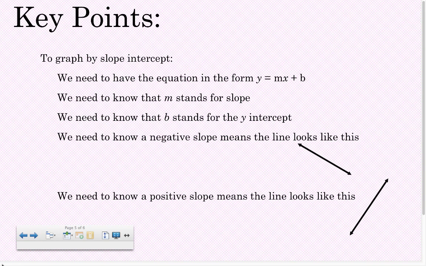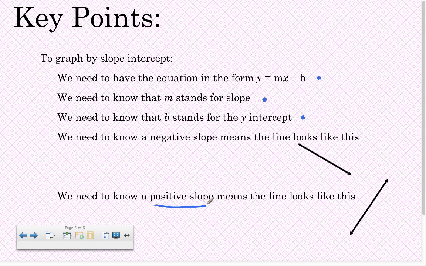All right, so here are some key points. Please take time to pause this video. This is the end, and look at this. Now, we have to know that to use the y-intercept, the equation has to be in the form y equals mx plus b. We need to know that the m stands for slope, the b stands for y-intercept, and as we saw, negative slopes, the lines look like this.